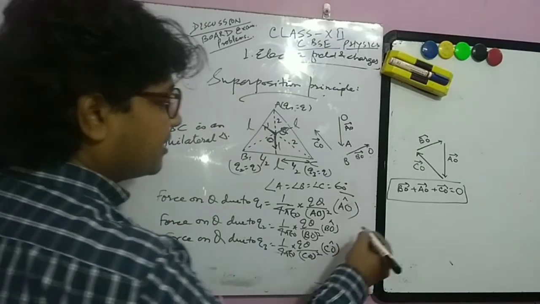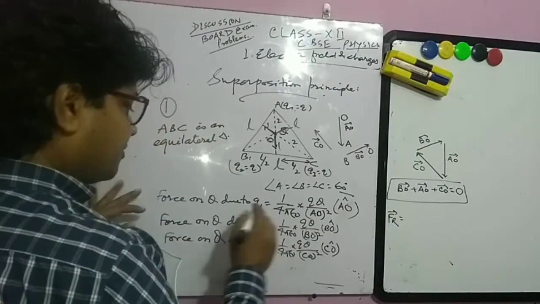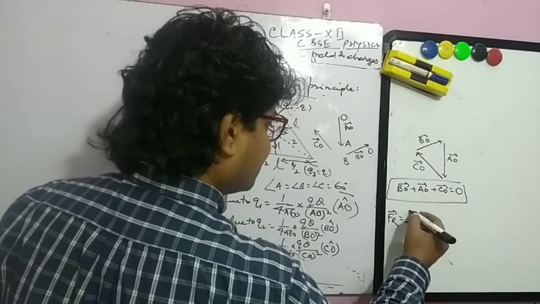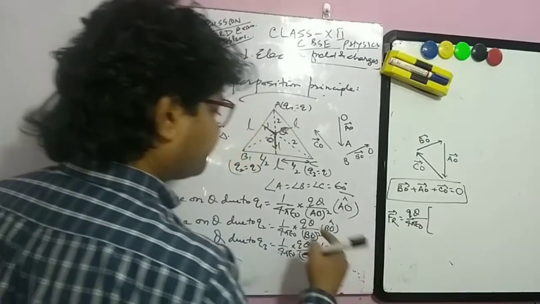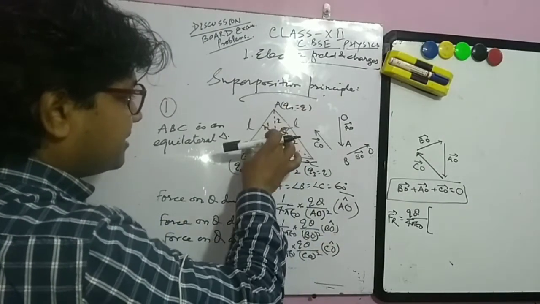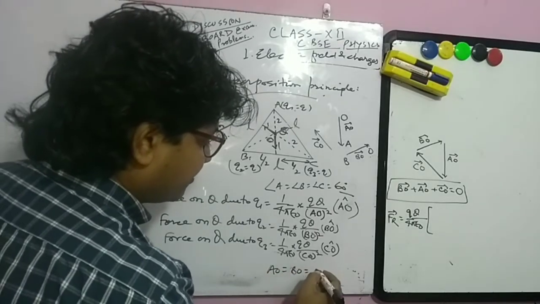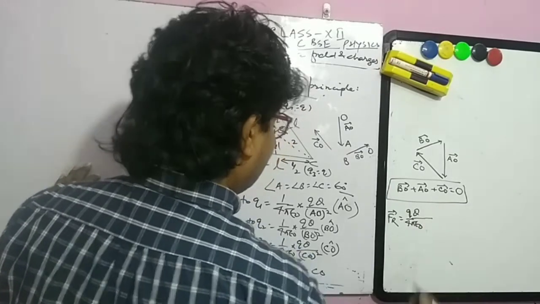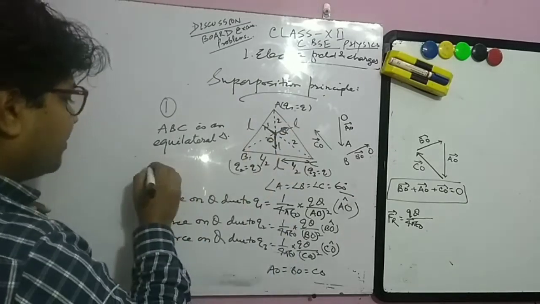So what will be the resultant? The resultant is the FR vector, equal to the sum of all forces, 1 upon 4 pi epsilon naught Q and so on. All distances are equal: AO is equal to BO is equal to CO. What will be the value of BO?